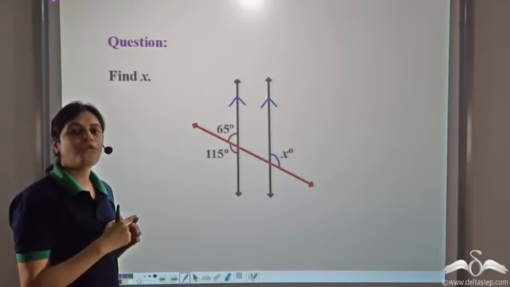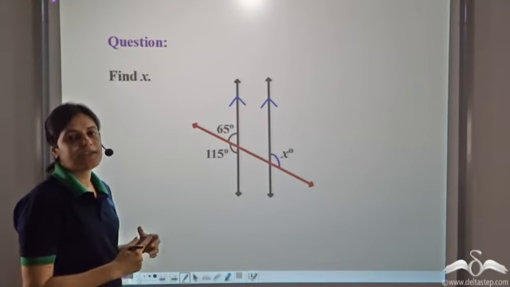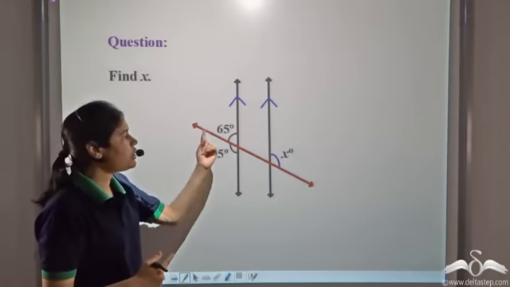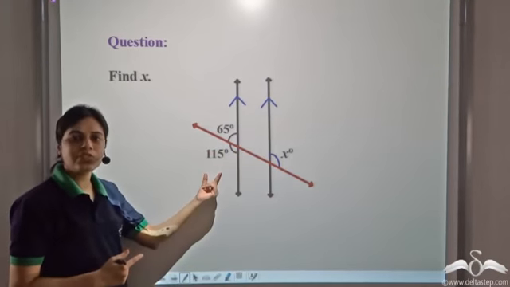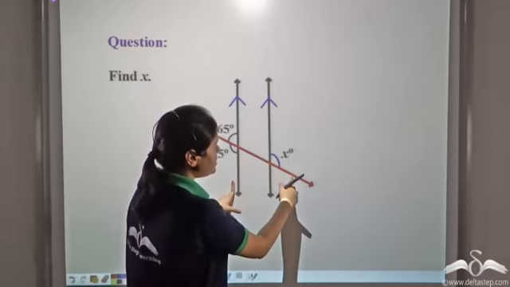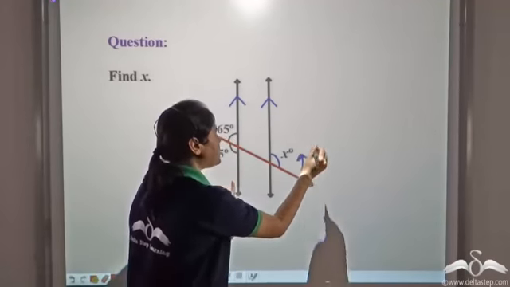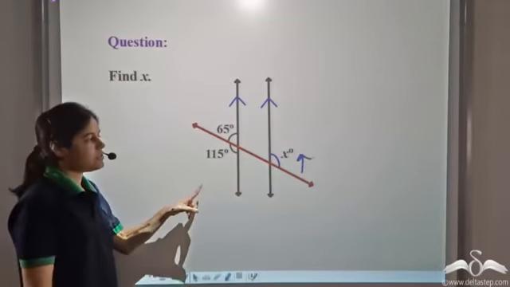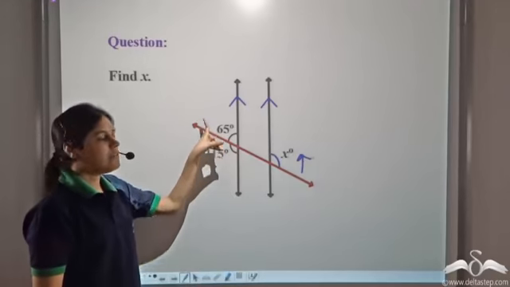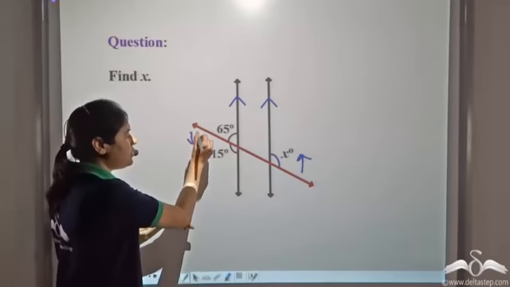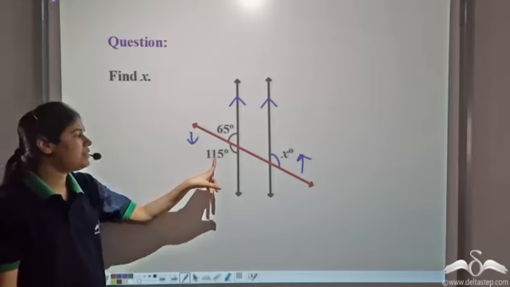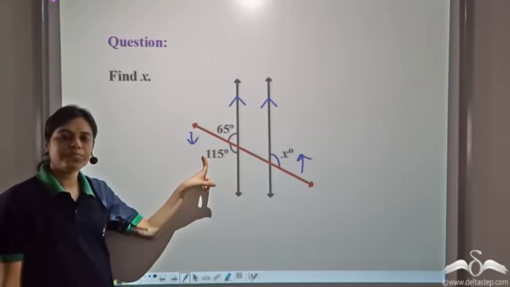So for a pair of alternate exterior angles, the other angle has to lie on the opposite side of the transversal. Since this is the transversal, x lies above this transversal, so we have to find the angle which lies below the transversal. That angle is 115 degrees.